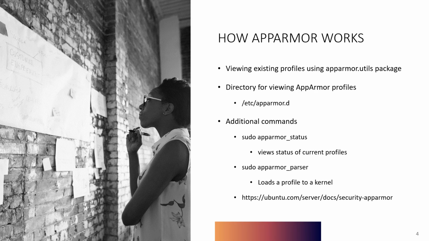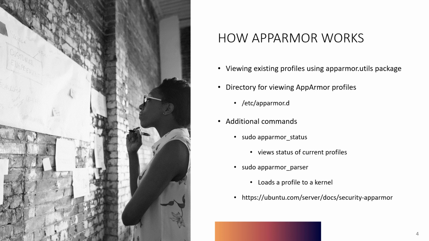To discuss how AppArmor works, there's an optional AppArmor-utilities package, also known as utils, that can be utilized for viewing existing profiles. This utility is a command line tool allowing users to change the execution mode, see the status of a profile, and create new profiles.